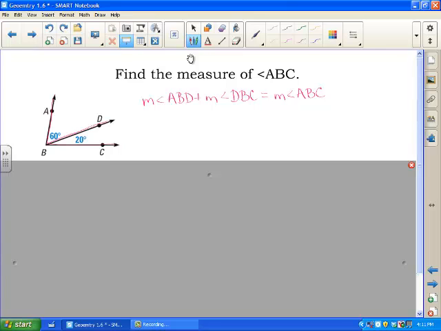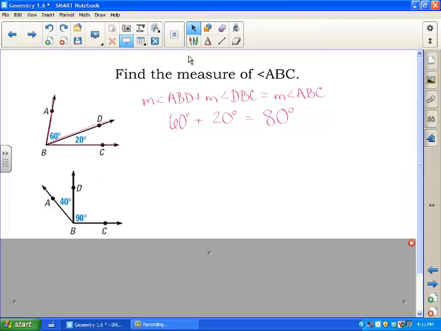That little M I'm putting in front of the angle symbols just shows that I'm talking about the measure of the angle, which is a number, not the actual angle figure itself. Using substitution, I'll get 60 plus 20, and then that should equal the measure of angle ABC, and when I add them together I get 80. So angle ABC must be 80 degrees.